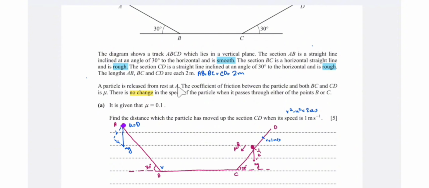A particle is released from rest at A. Since the particle is released from rest, it initially has a speed of 0 at A. The coefficient of friction between the particle and both BC and CD is mu.